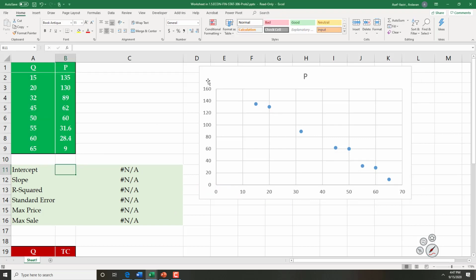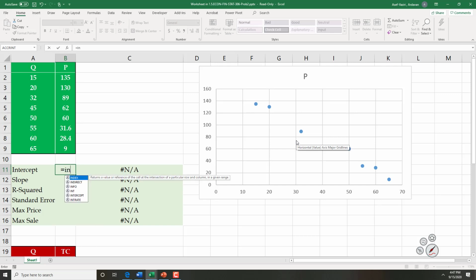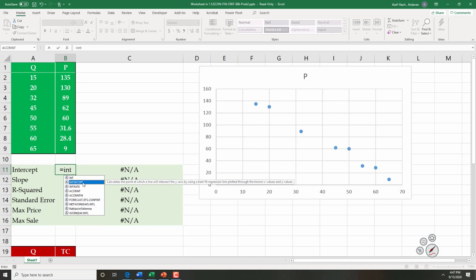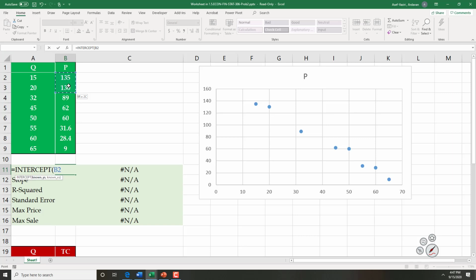So I want to find the point where the regression line intercepts the y-axis. I type intercept, and as soon as I type int, intercept is there, tab, and then it asks me what are your y values.